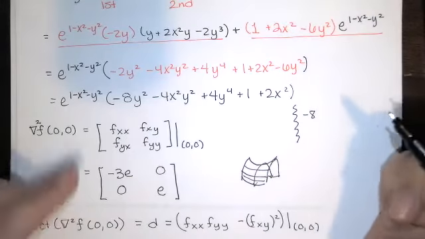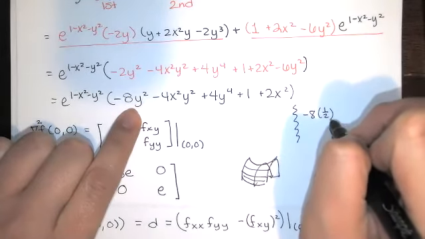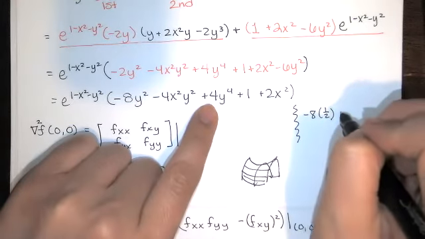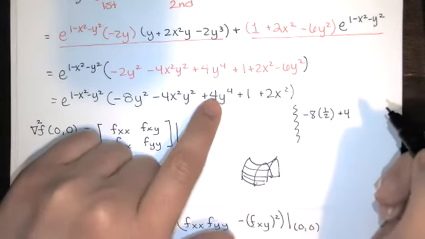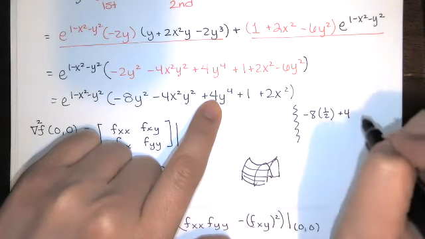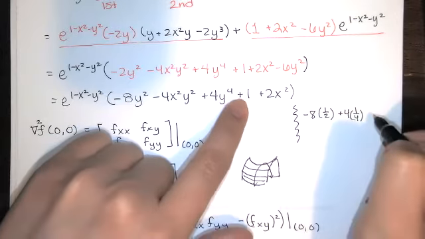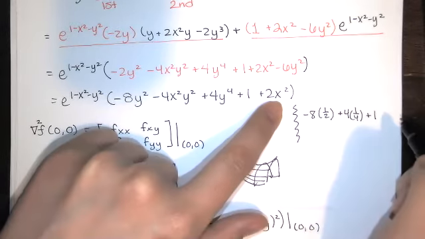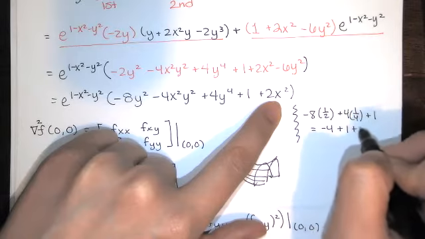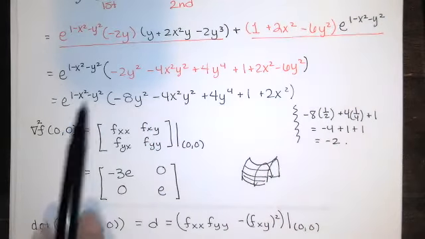I've got negative 8 times y squared, which is 1/2. And then x is 0, so that's gone. And then I've got 4 there, and y to the 4th is the same as y squared squared, so it's actually going to be 1/2 squared, or 1/4. Plus 1, and x is 0. So I end up with negative 4 plus 1 plus 1, that's negative 2, times that e to the 1/2.